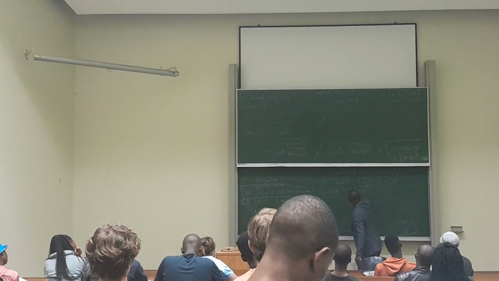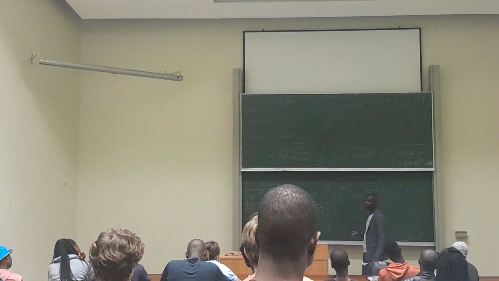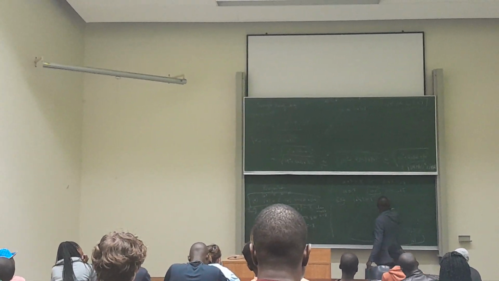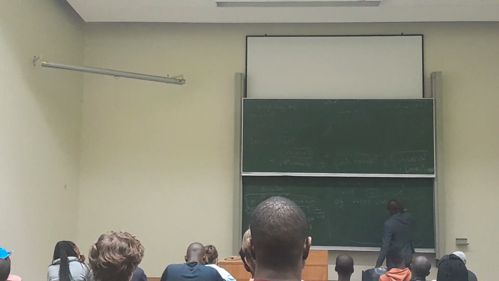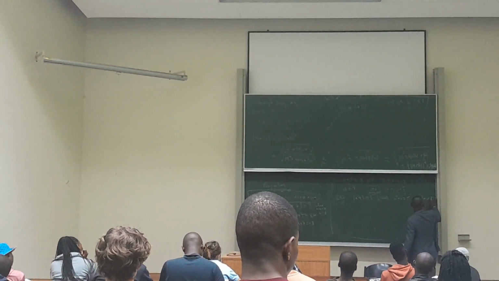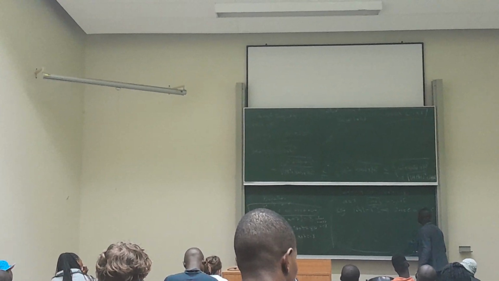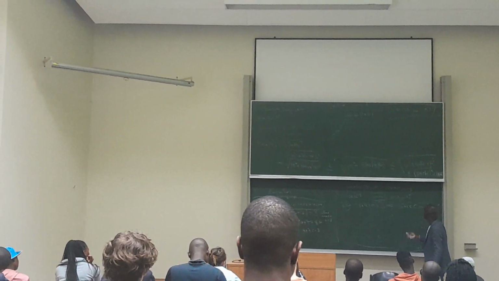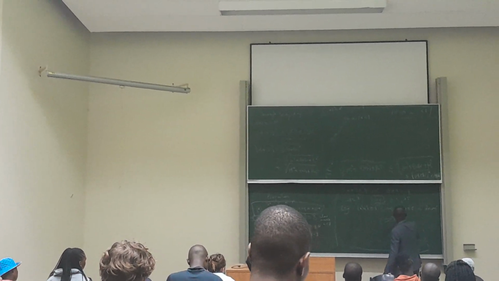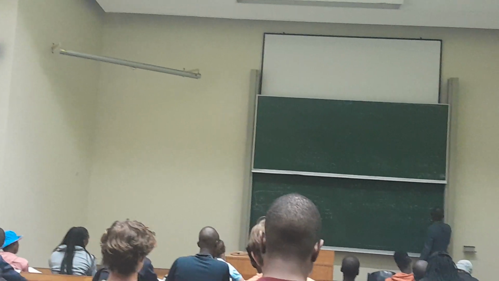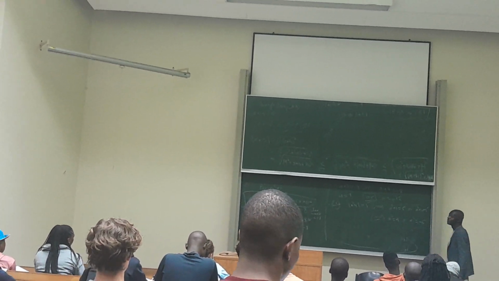Okay, let me write a so that it's not confusing. From this one now, you have that a squared plus 1 is equal to 5, or a squared plus 1 is equal to minus 5. Yes or no? So this is equivalent to a squared is equal to 4, or a squared is equal to minus 6.